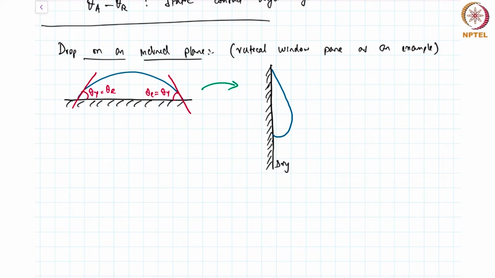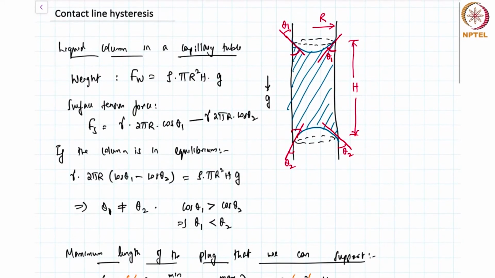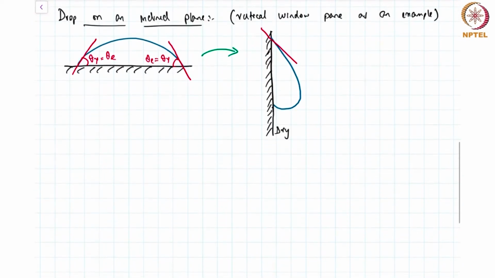Now the angles become important. This is an extreme case of this droplet, an example of the same thing that we are seeing here. We have two different angles, but now the droplet is not moving.